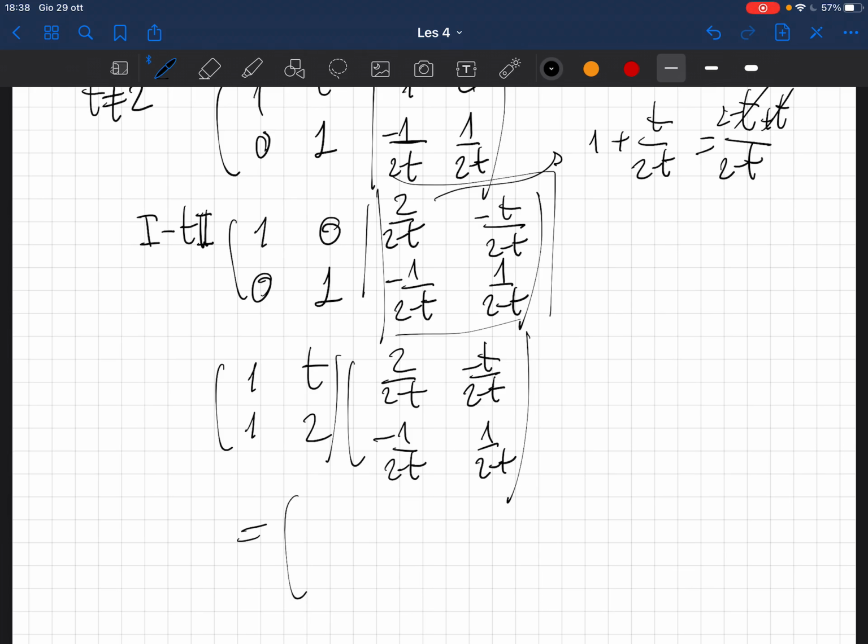So here you have 2 minus t. So this with this and this with this, so plus minus t. No, this is 1. This is a 1 minus 1. Hopefully it's correct. Let's just compute this.